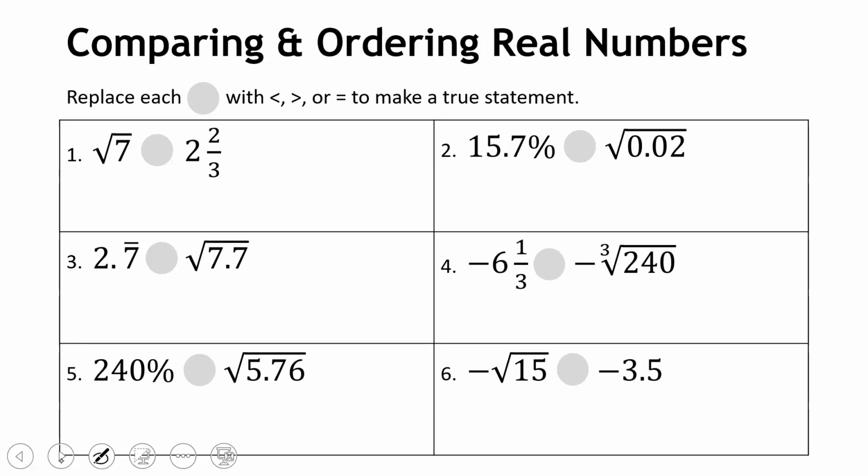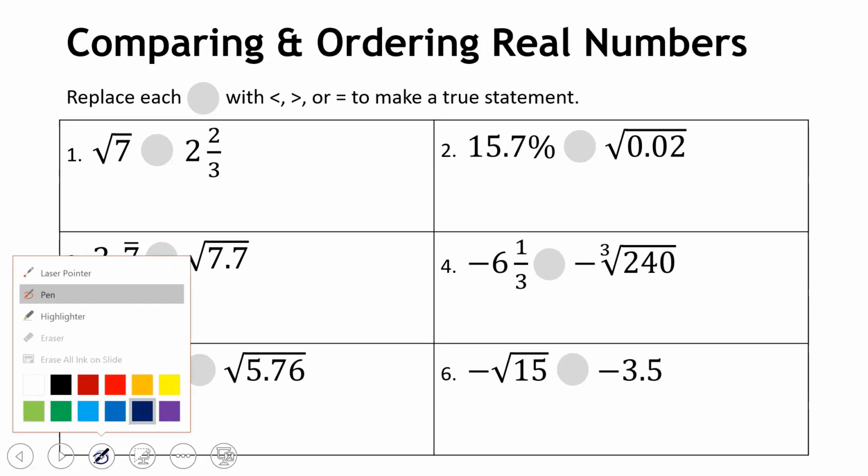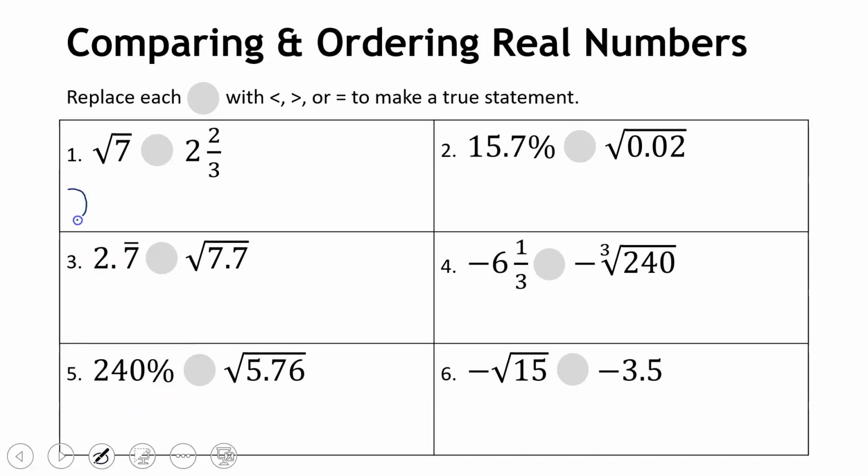So in this first one, we're comparing the square root of 7 to 2 2/3. When you calculate the square root of 7, the approximation rounded to the nearest thousandths is 2.646.